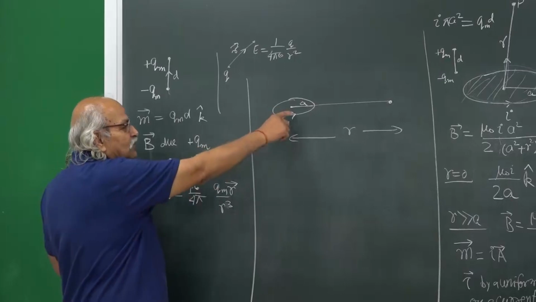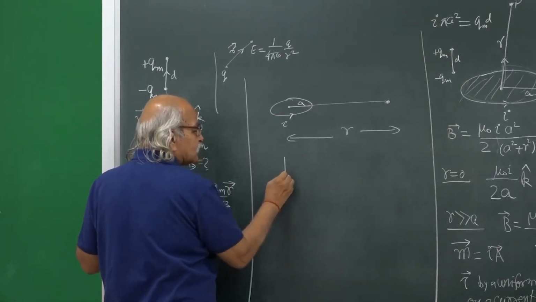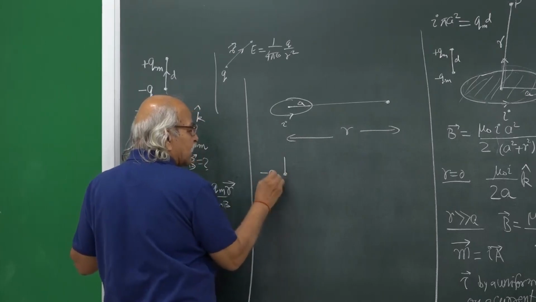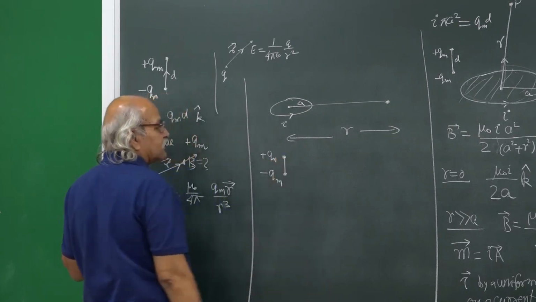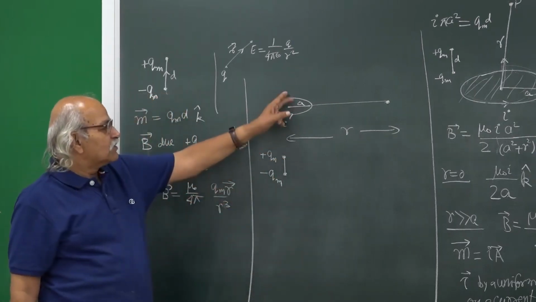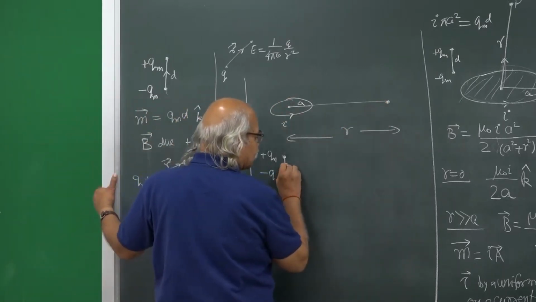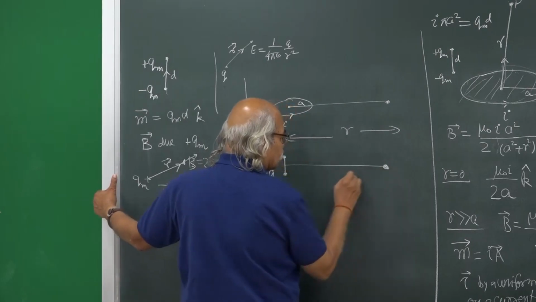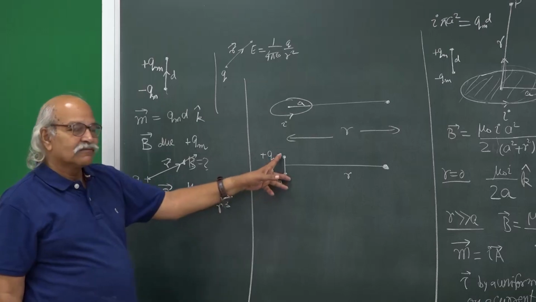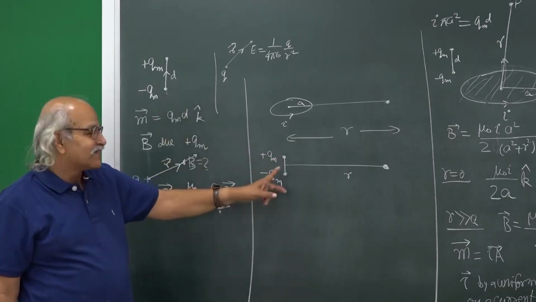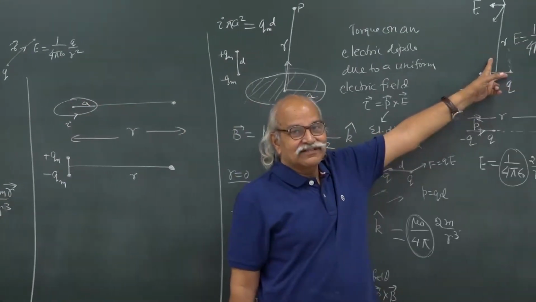But here if I use this modeling, we say that this current loop is nothing but a combination of minus qm and plus qm. This is plus qm and this is minus qm, perpendicular to the plane of the loop, and we need the magnetic field here at a distance r. Now this situation in electrostatics is the same as this figure.